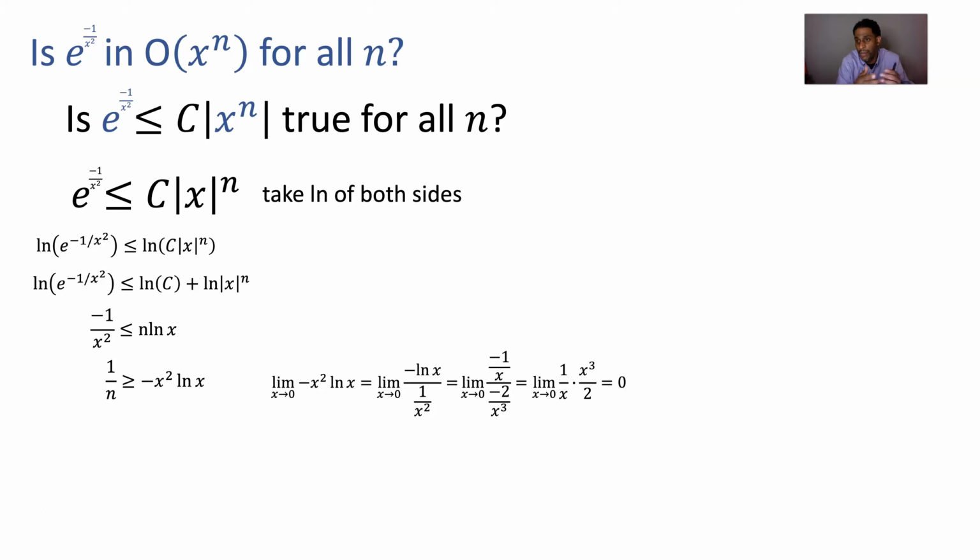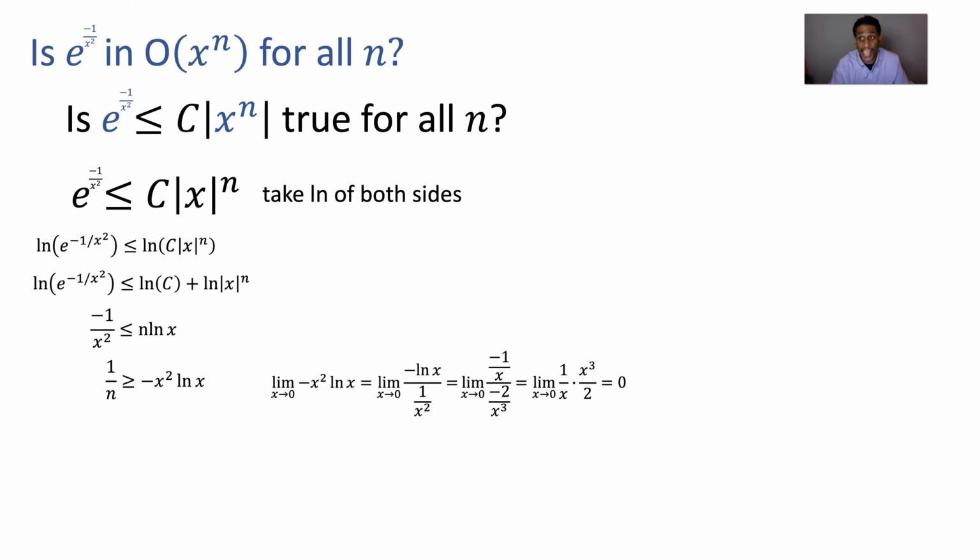Instead of multiplying by x squared, we divide by 1 over x squared. We didn't change anything; if you multiply by the reciprocal, you're back where you started. So we have an infinity over infinity limit, and we can apply L'Hopital's rule: take the derivative of the numerator, divide it by the derivative of the denominator, do a little bit of algebra, and we'll see that this limit is 0.